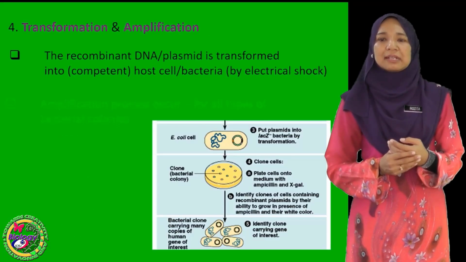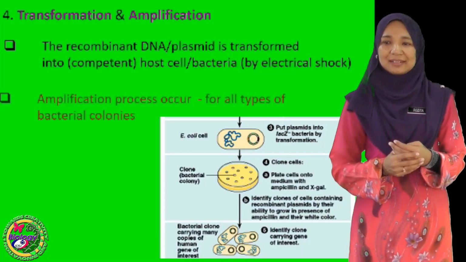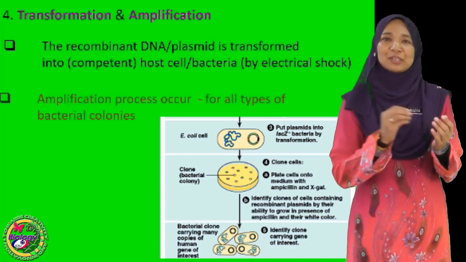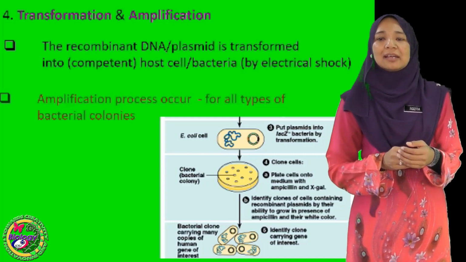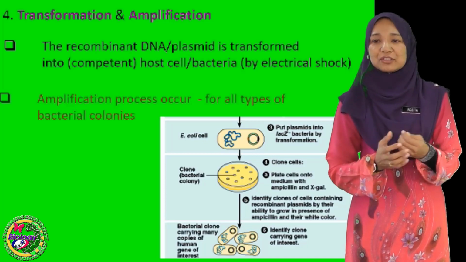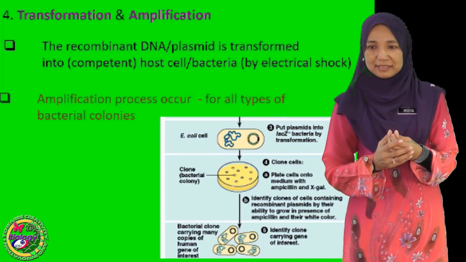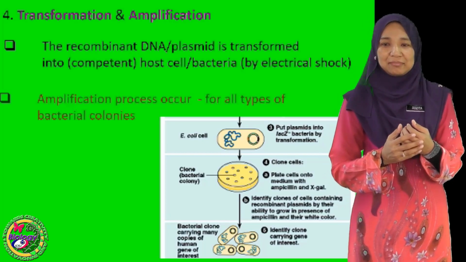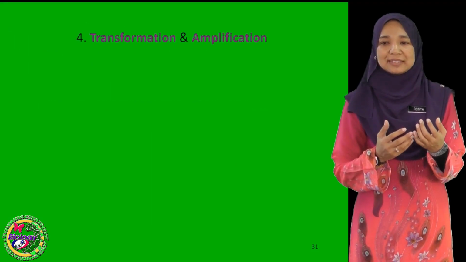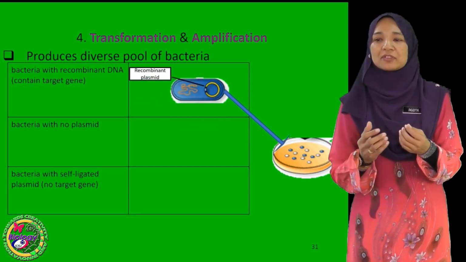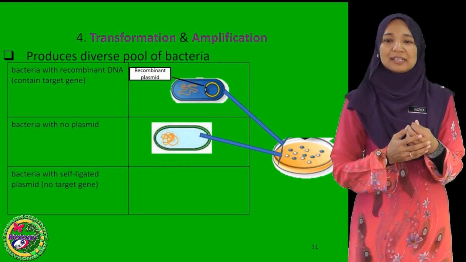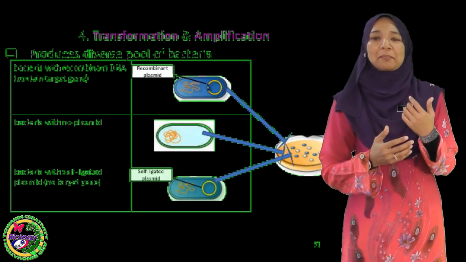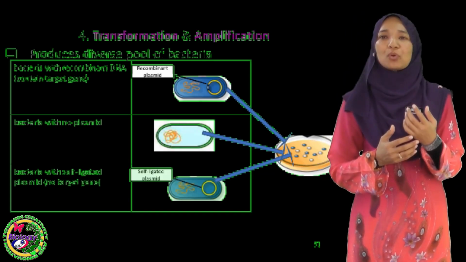Fourth, the transformation process occurs when the recombinant plasmid is introduced back into bacteria. Then, the bacteria are replicated through the amplification process, forming bacterial colonies. At the end, the bacterial colonies must undergo the screening process to identify the desired bacterial colonies with the gene of interest by ampicillin screening and blue-white screening.